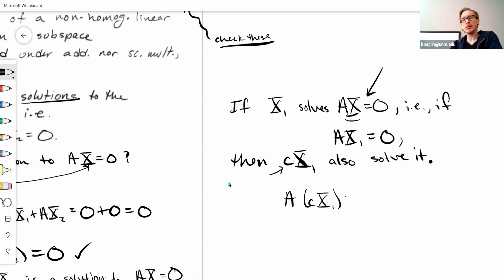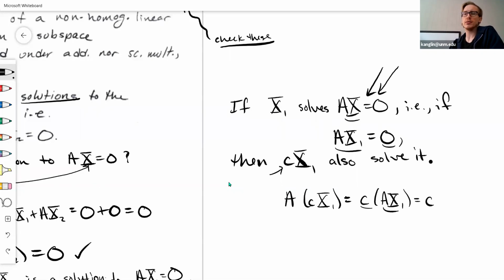Well, A times this scalar multiple of x1 that we're plugging into the equation up here, we can take that scalar out front. We saw in matrix multiplication, the scalars are free to move around wherever we please. And now we've already assumed that A times x1 is the zero matrix. So this is just the scalar times the zero matrix, which is the zero matrix, right? Zero matrix times any scalar is still the zero matrix.